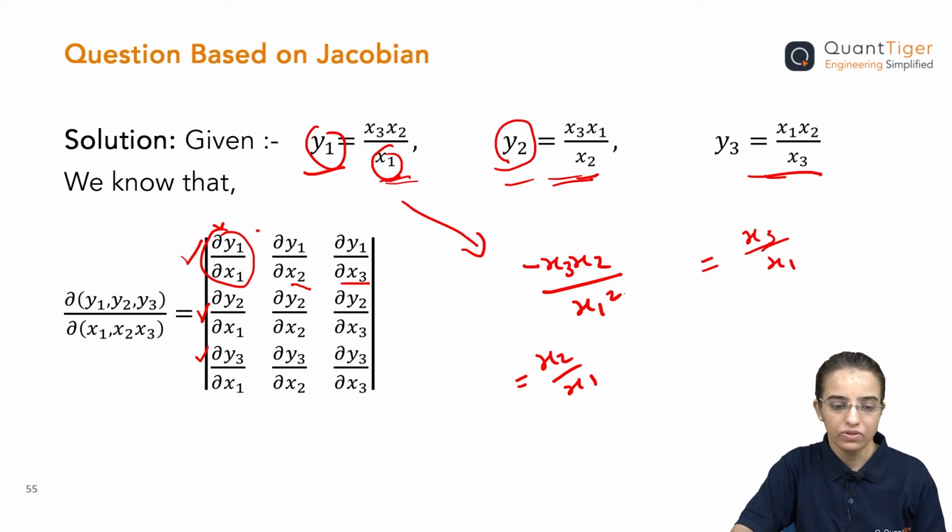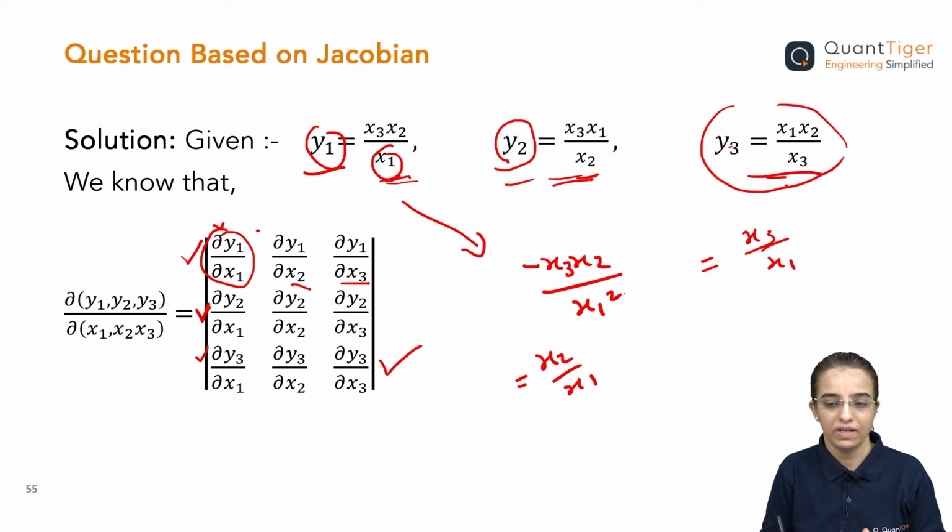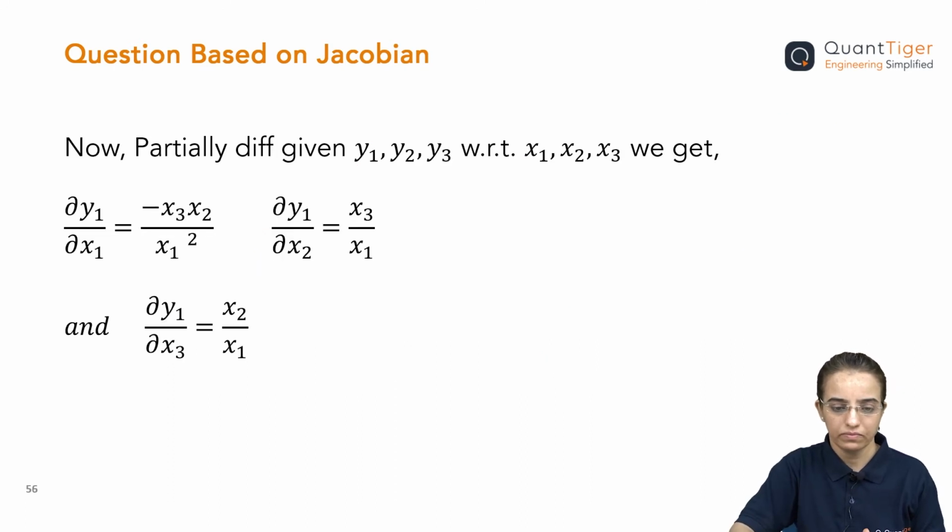Similarly we can find y2's derivative with respect to x1, x2, x3 and we will substitute it here in the second row. Similarly y3 we will differentiate with respect to x1, x2, x3 and we can write it in the third row.